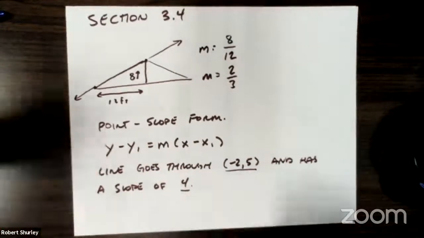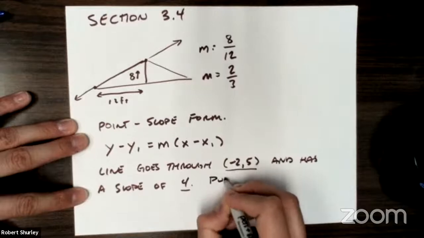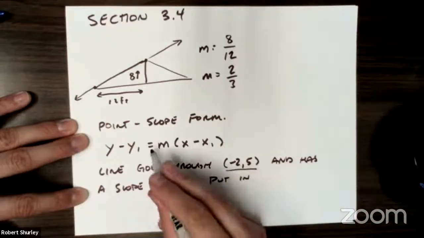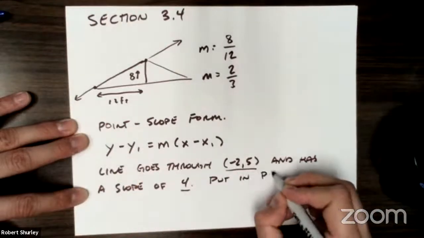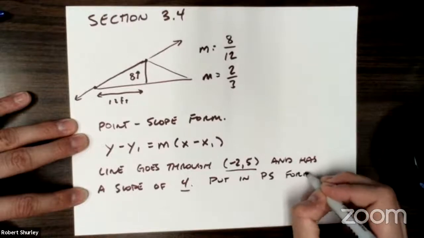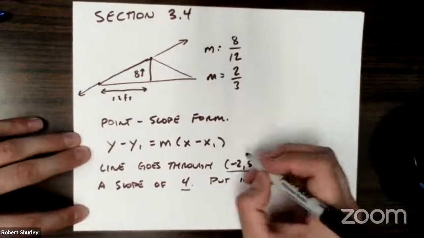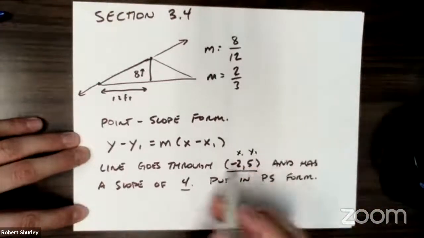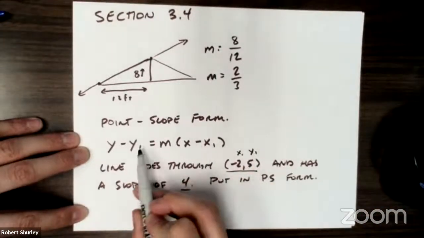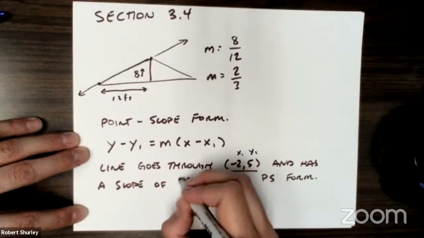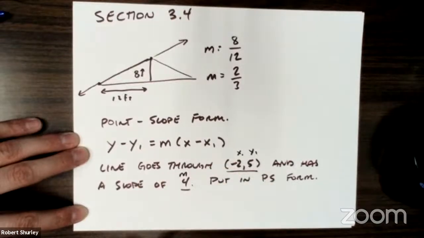At first, I'm going to write this a little shorthanded, PS form, so I don't have to write point slope over and over again. Put in point slope form. Well, here's our x1 and our y1, right there. And then here's our slope. We know this is m, because it's the slope.